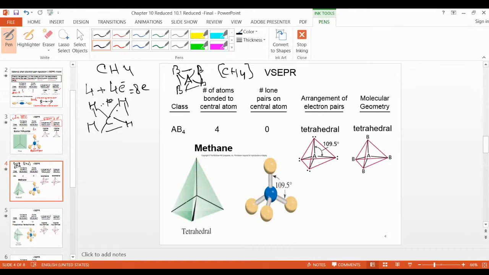So how many electrons did we add? 2, 4, 6, 8. All 8 electrons are consumed, and there is no electron left to put on the central atom. So you can write this like this. This is a kind of tetrahedral structure.